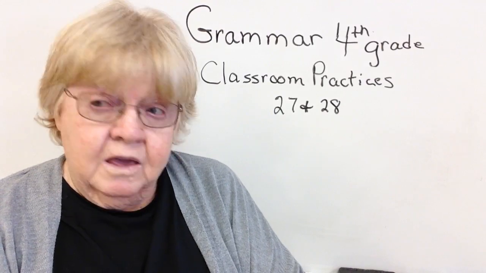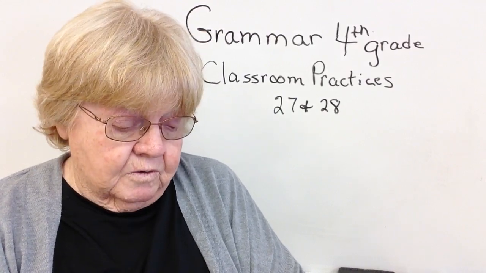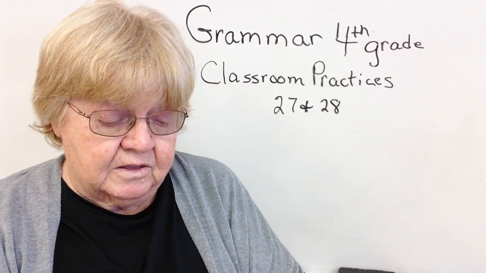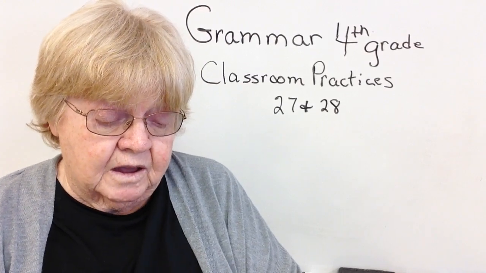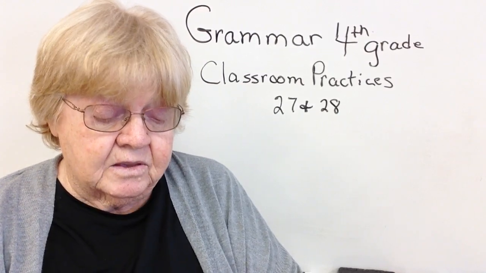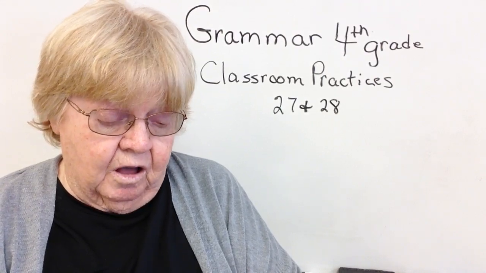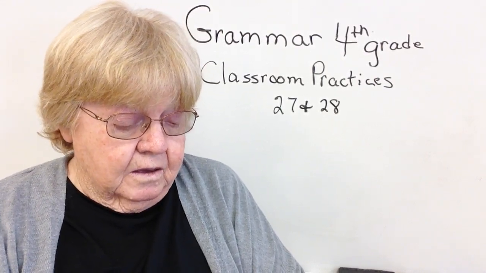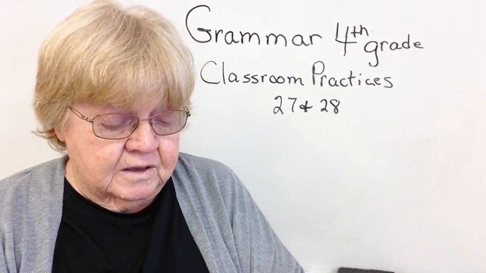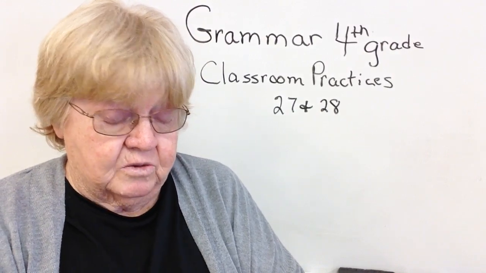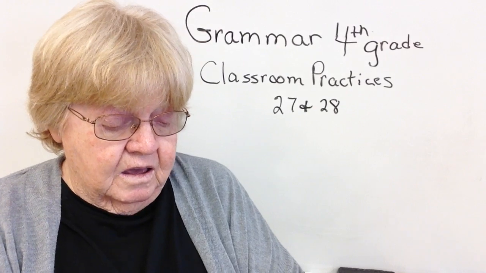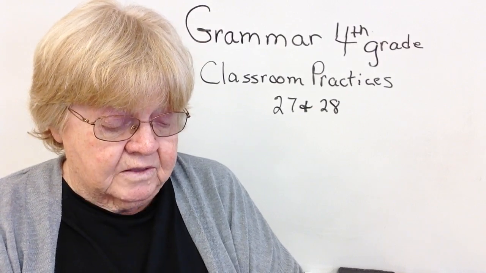And number 3, the curtain rose, silence fell over the audience. Well, they want a complex sentence with as at the beginning of the sentence and then a comma between the two clauses. Where are we going to divide it? Between rose and silence.